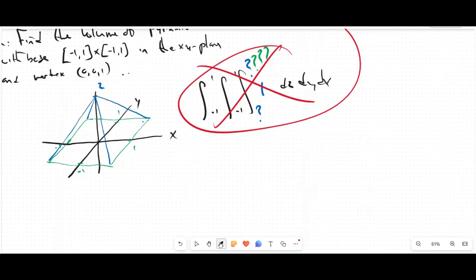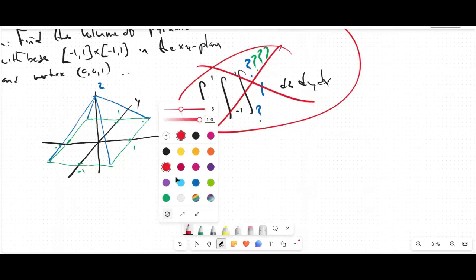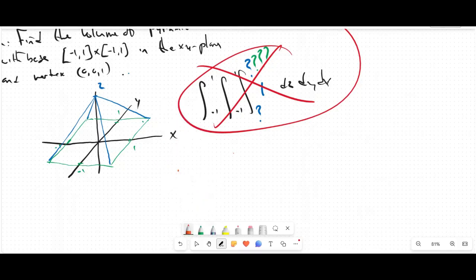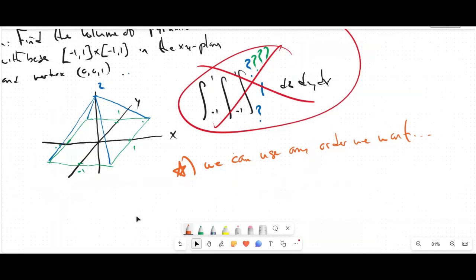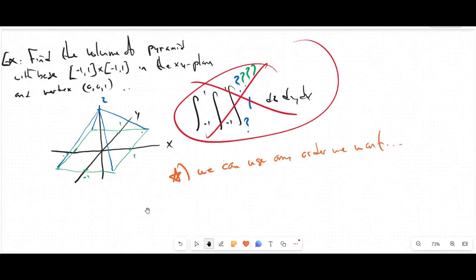So the real insight you want to walk away with, if you can, is: we can use any order we want. And some orders are better than others. So this is going to be a bit tricky.